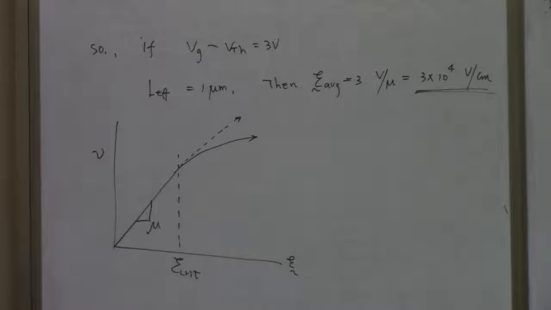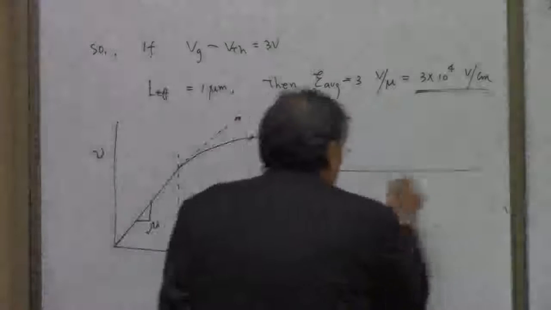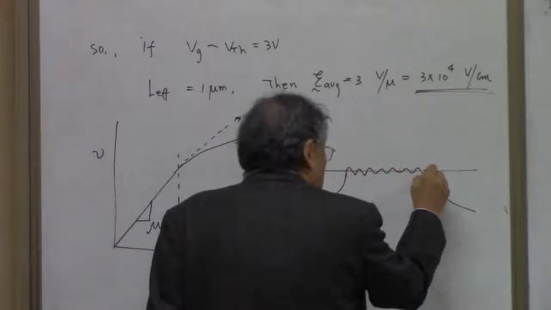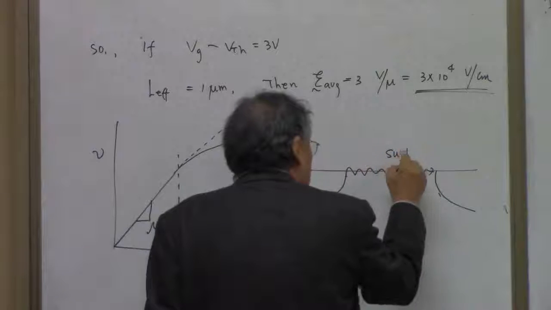So now the drain current is directly proportional to the mobilities of the electrons and holes at the channel, and most of the current is going to flow along the surface, the interface.